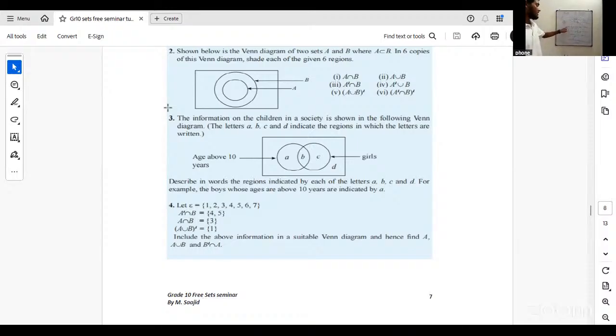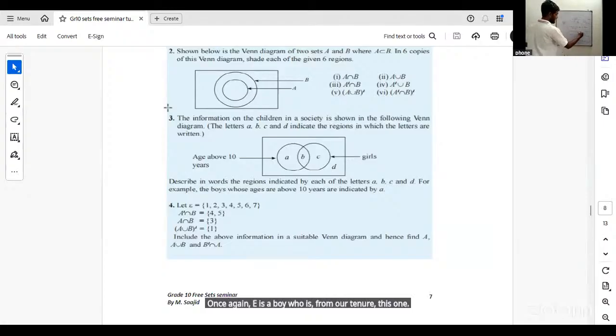So I hope that you understood this part. Let's define this part. A is this region, B is this region, C is this, D is the outside region. So once again, A is the boys whose age is above 10 years. B is the girls whose age is above 10 years. C is the girls whose age is below 10 years.